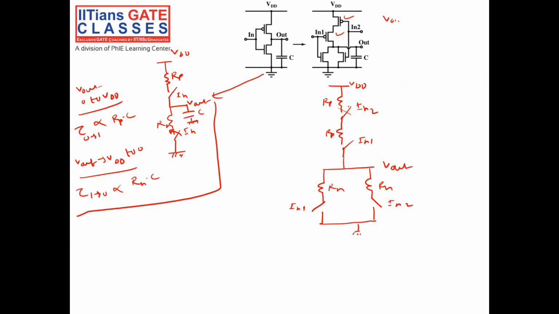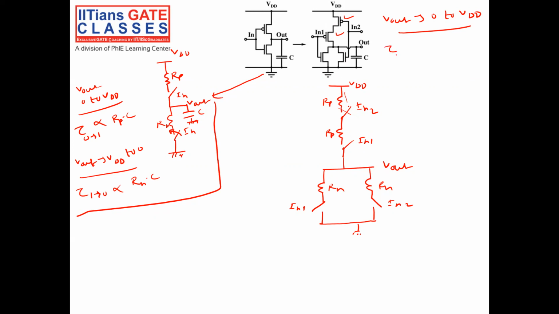So my output V out goes from 0 to VDD, this is the only path. You see it is charging through resistance RP and RP, 2 RP.